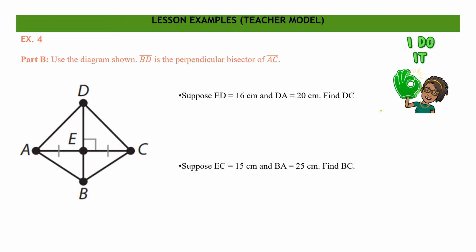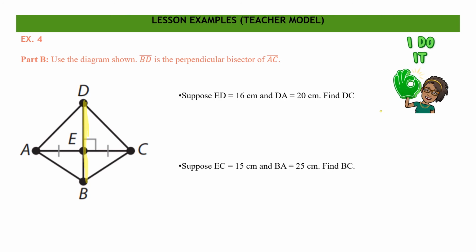So part B says use the diagram shown, and they tell us that segment BD is the perpendicular bisector of segment AC. So let's go ahead in our diagram. I'm going to highlight the perpendicular bisector, so that's BD here, that's our perpendicular bisector, and I'm going to name it PB.